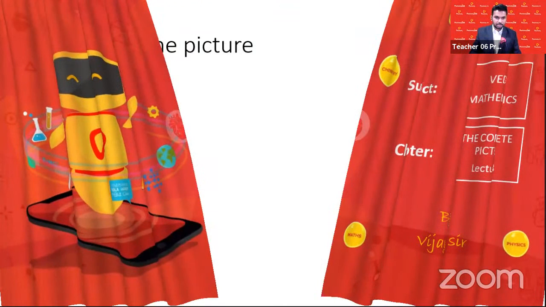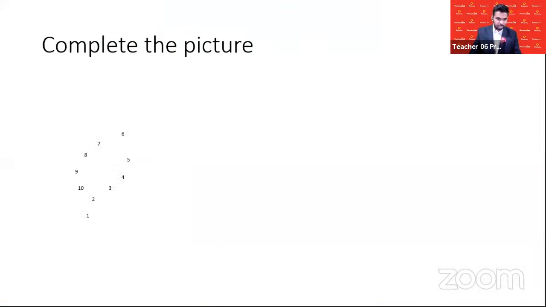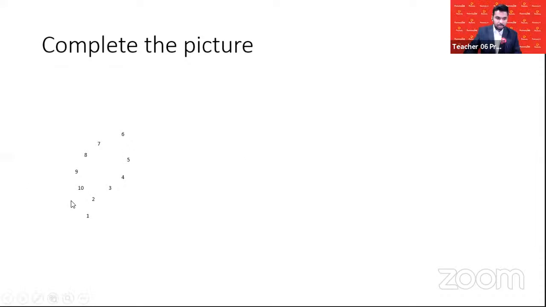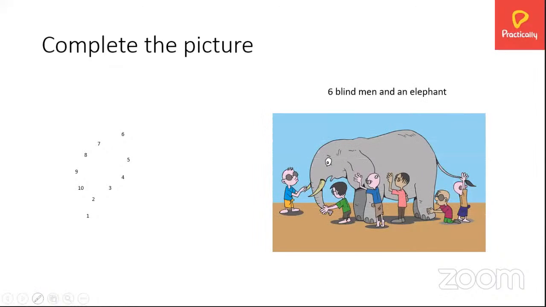It is a useful exercise to begin with. Here you see a stream of numbers and the job is to just connect all of these. So how do we start connecting? We start from the number 1 and then start connecting.